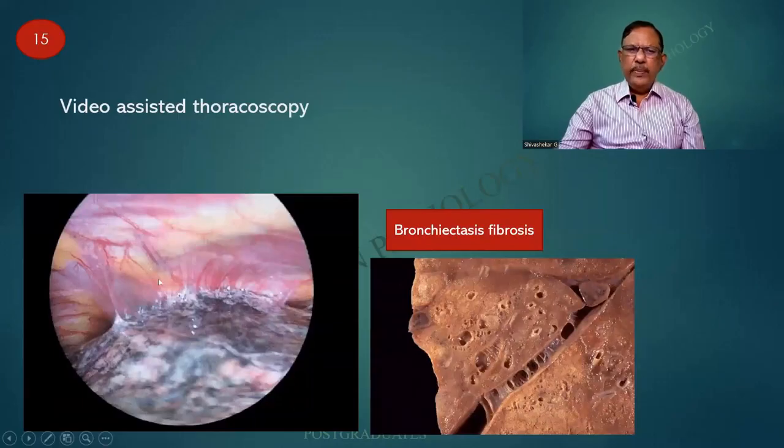Sometimes on opening, you find that there is a thoracoscopy. So this can be when the patient is alive or at autopsy also. There is a lot of fibrous strands that is adhering the lung or the chest to the pleura. And this again, it is a case of bronchiectasis.